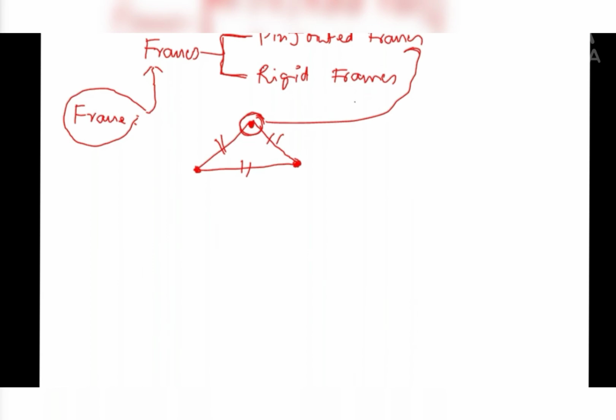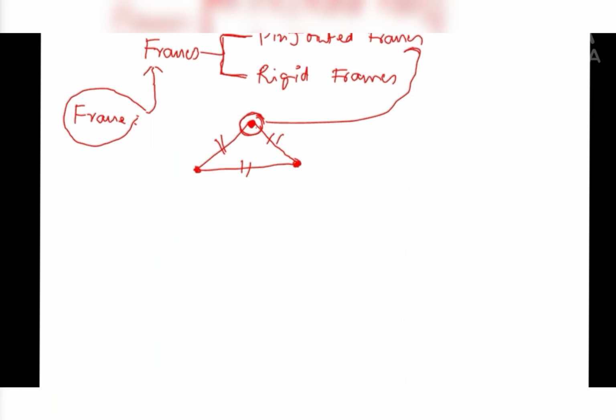Pin jointed frame. If the joints are connected with, say, welding, or a frame which is made with cement concrete, obviously the cement concrete frame should be rigid only.